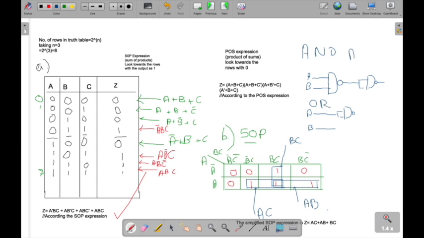This is basically A dot B, right? This is A plus B. Right.